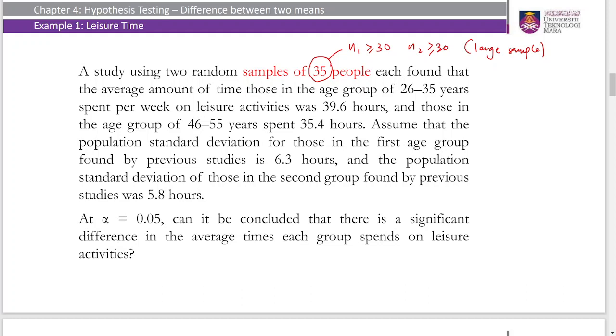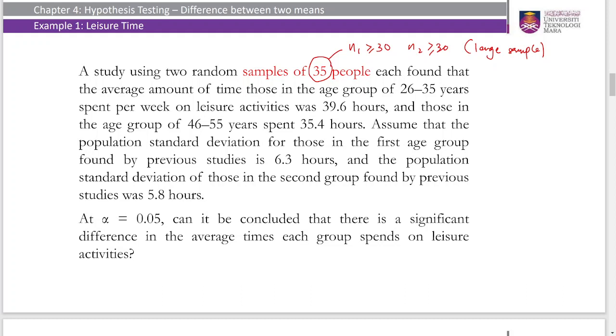Each found that the average amount of time those in the age group 26 to 35 years spent per week on leisure is 39.6 hours, and those in the age group 46 to 55 years spent 35.4 hours. Assume that the population standard deviation.